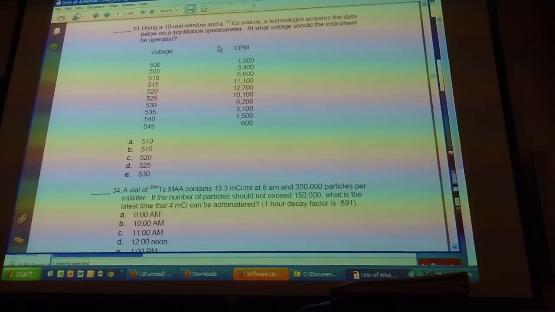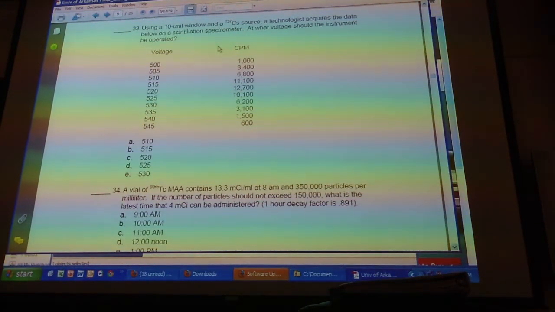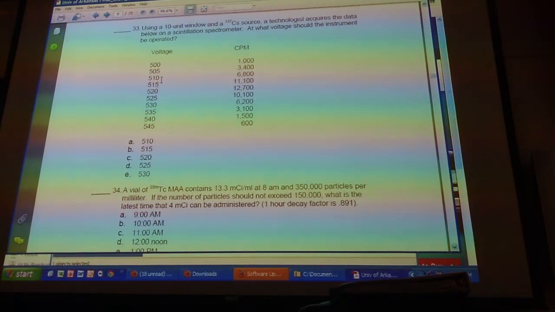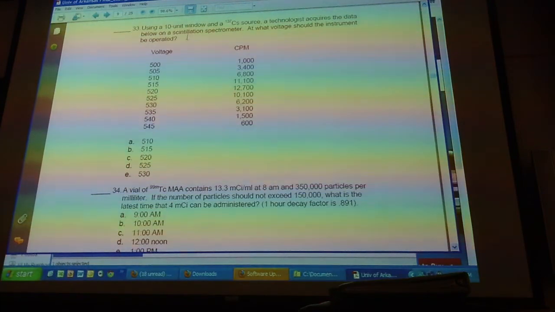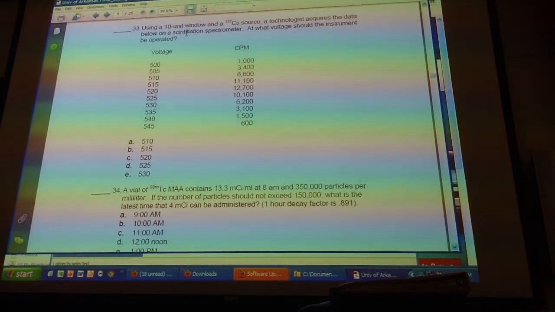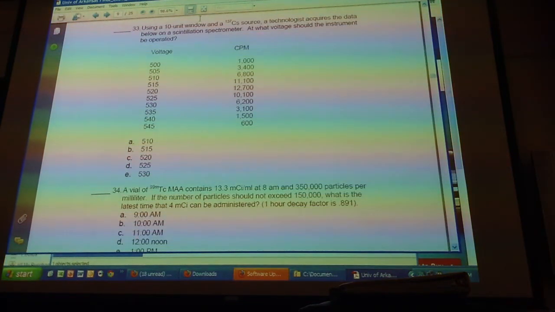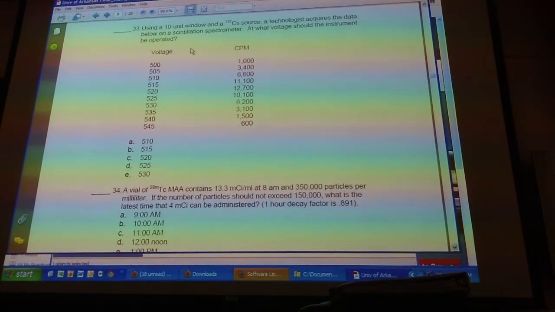Maybe you don't remember that. It was called the gain. It's the gain button, but it's the amplification on it. What happens is you're basically changing the voltage to the photomultiplier tube, and by doing that, that changes its sensitivity.